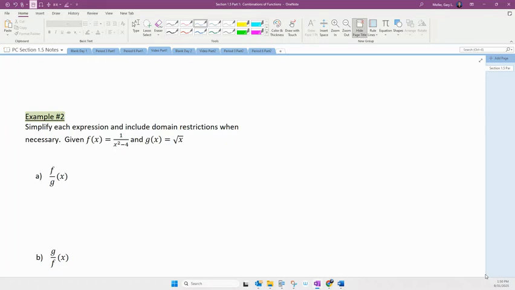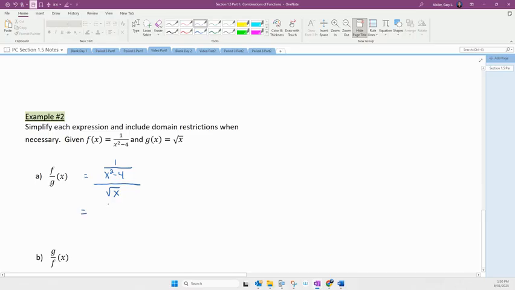Let's go ahead and set up our new function. F divided by g of x is going to equal 1 over x squared minus 4 all over the square root of x. All right, so let's simplify that out because we don't want to have a fraction within a fraction.